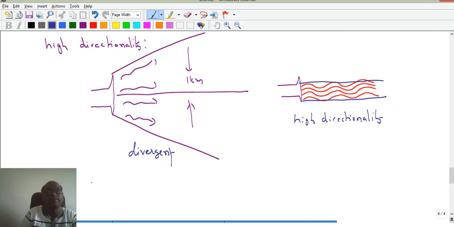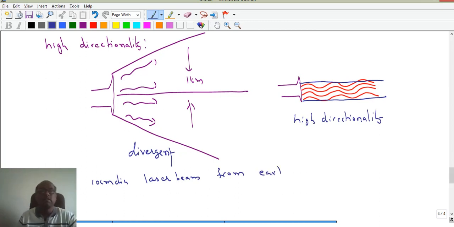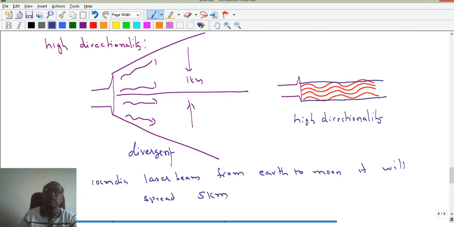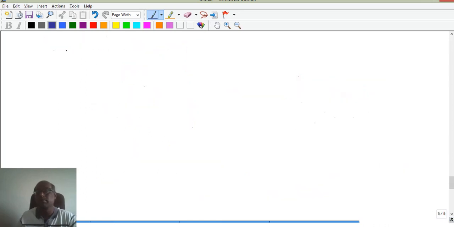So if you are able to focus a 10 centimeter diameter laser beam from Earth to the Moon, it will spread 5 kilometers after reaching the Moon. What I mean to say is, compared to the distance traveled, the spreading of 5 kilometers is nothing. That is the power of laser. Laser is highly directional.